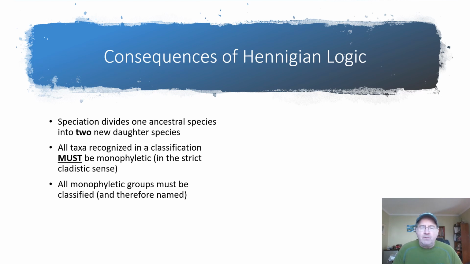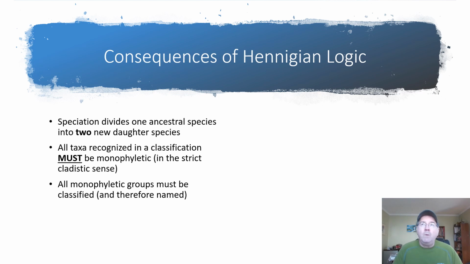And there were lots of arguments about what is the most efficient way to store information in a classification. And for my money, the conclusion was we need a hierarchical classification in which all the groups are strictly monophyletic.